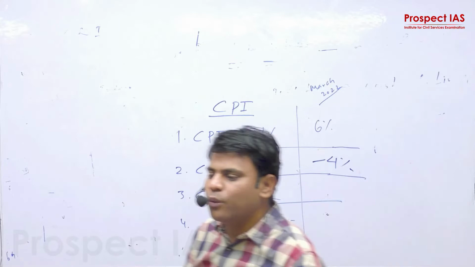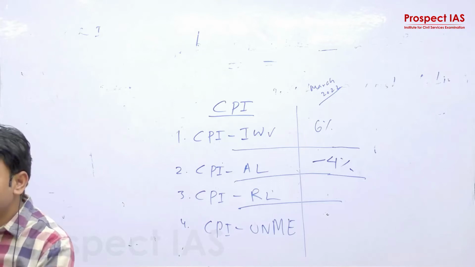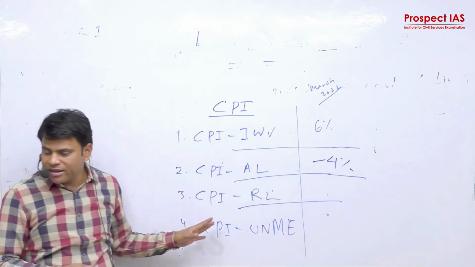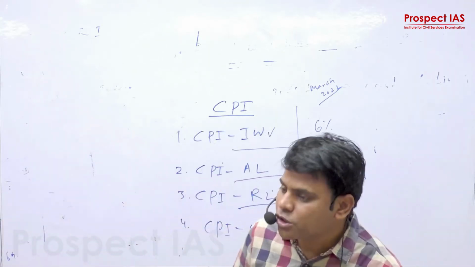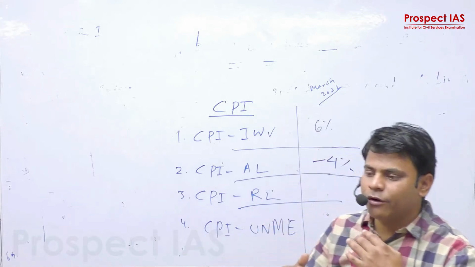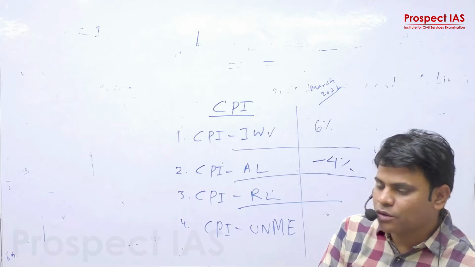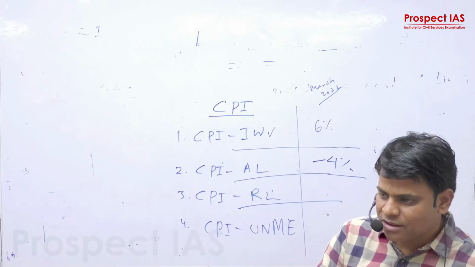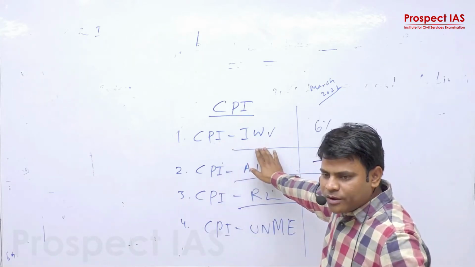So you have only one variant of WPI, but you have 4 different variants of CPI. Simply because using CPI we are estimating the cost of living, and since cost of living of one group of workers is different from another group of workers, obviously there have to be more variants of CPI, right? So this CPI used to reflect upon the cost of living of industrial workers.